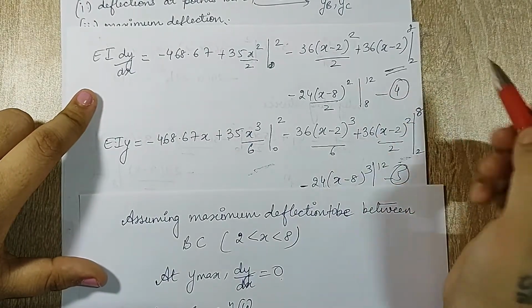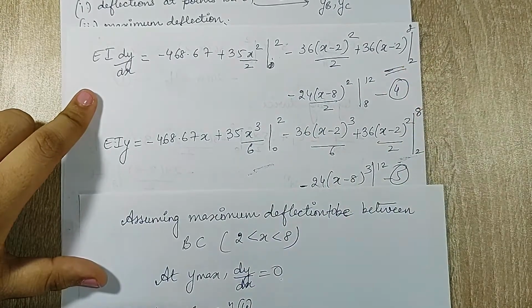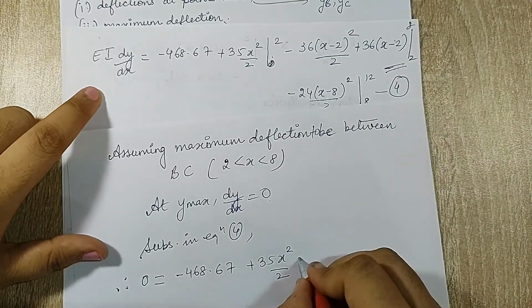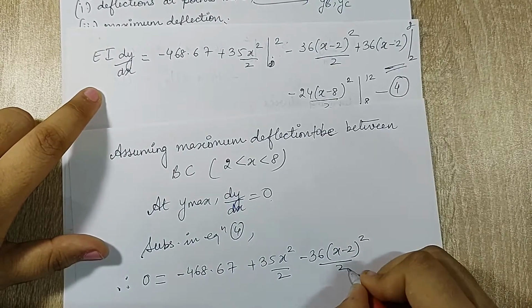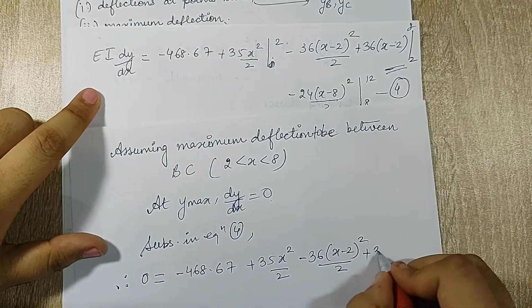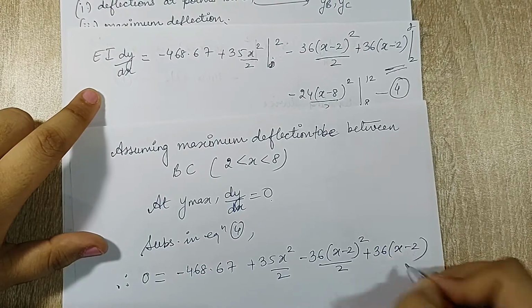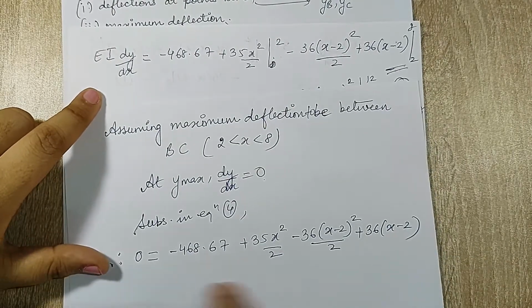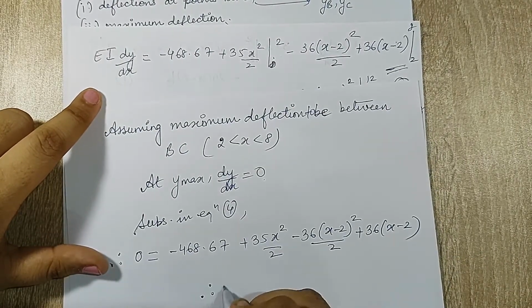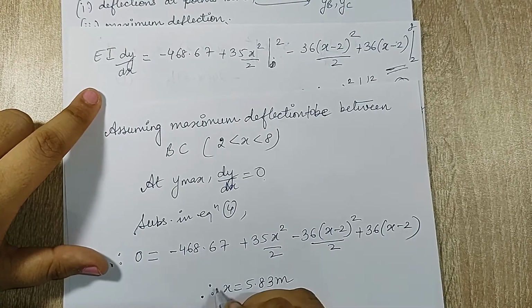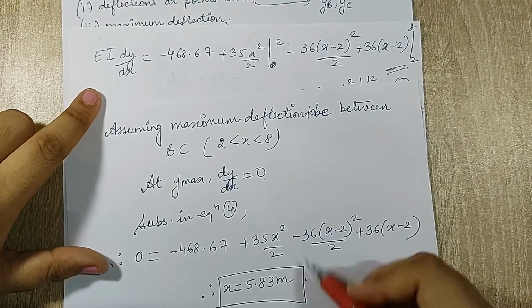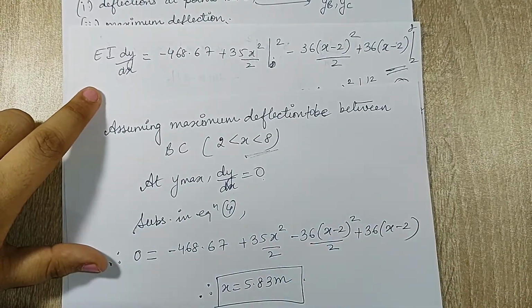BC portion ends at this point, so I'll have to write these two terms as well. So I'll have minus 36 into (x minus 2) square by 2 and plus 36 into (x minus 2). This equation, when I substitute in my calculator, I'll get the value of X as 5.83 meter. Now since I have got this value in the range, my assumption is correct.